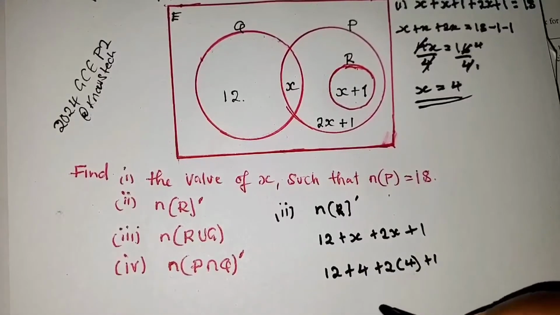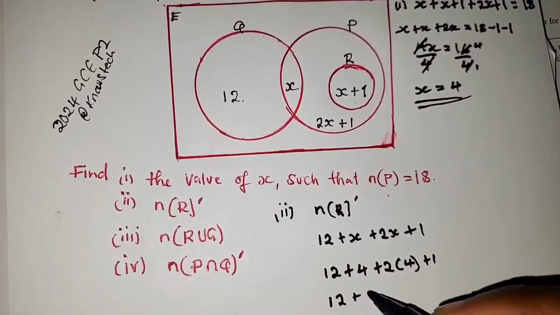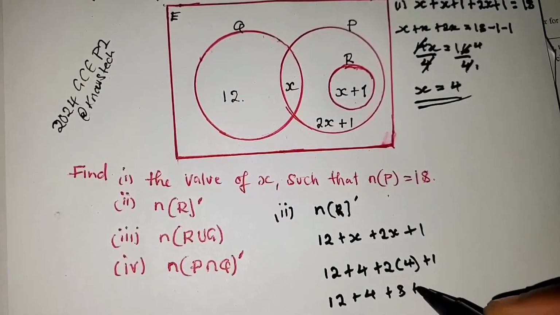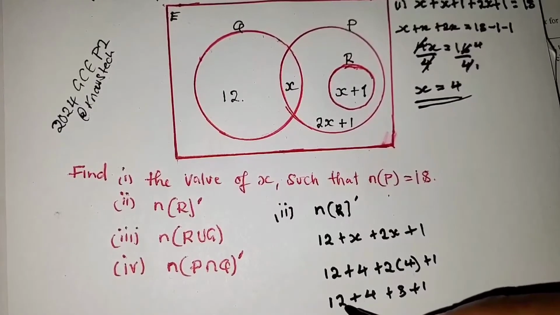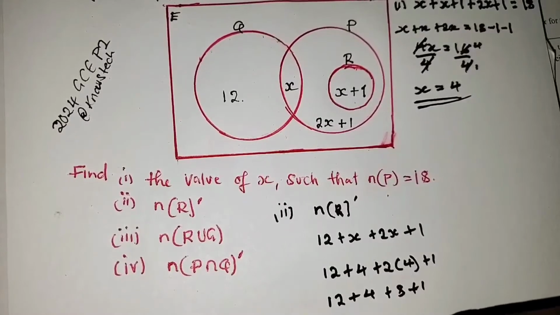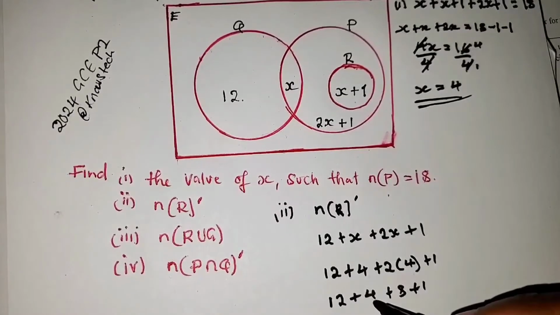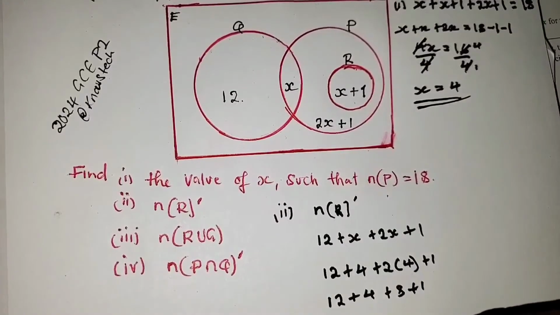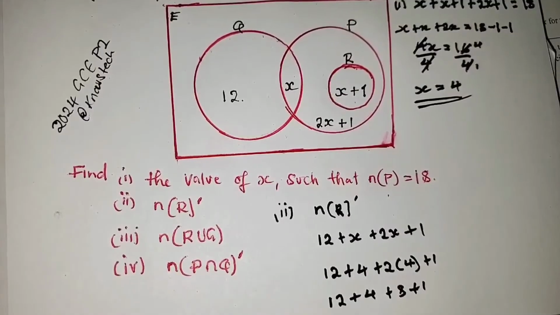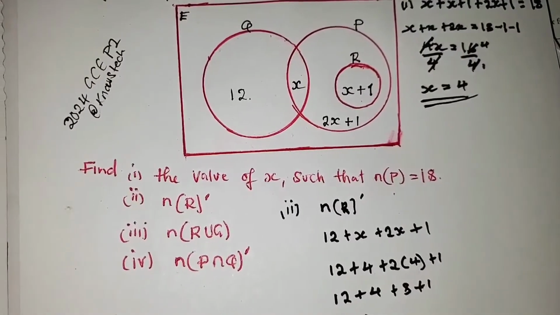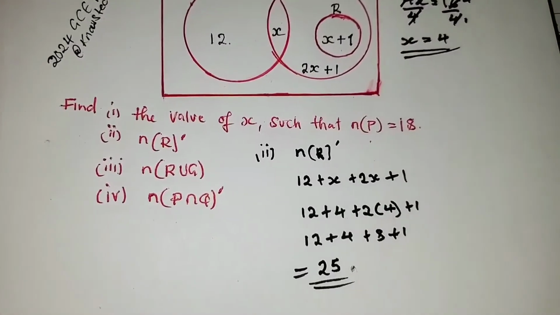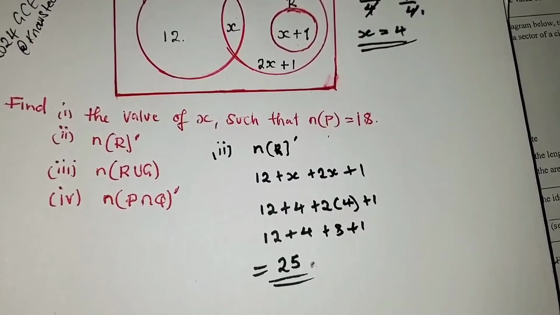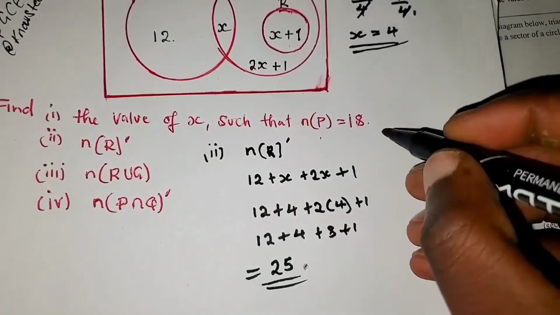Then we can multiply: 2 times 4 is 8. So 12 plus 4 is 16, 16 plus 8 is 24, 24 plus 1 is 25. So the number of elements in set R complement is simply 25.